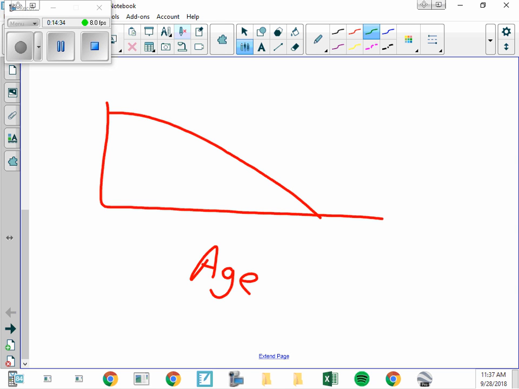The opposite, right? So this is the percentage of left-handed people. There are more left-handed people in the young ages, percentage-wise, than in the older ages.